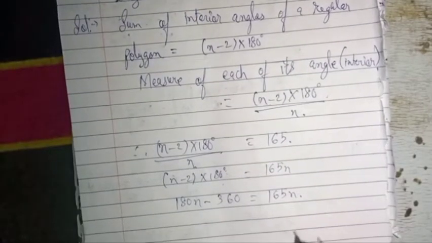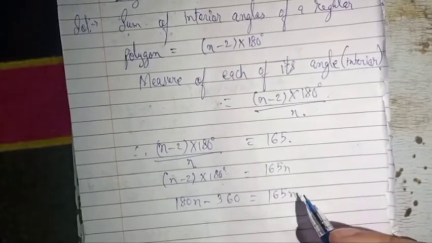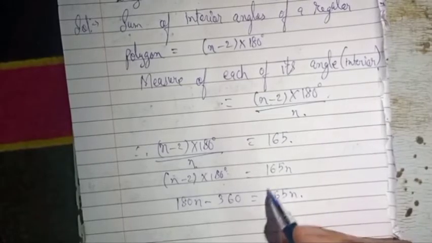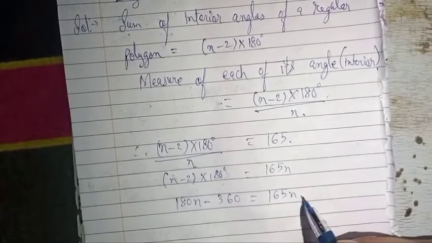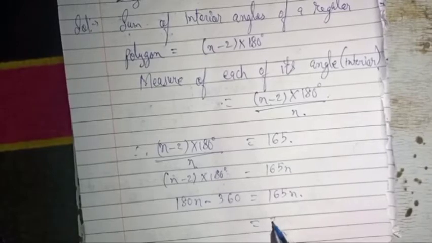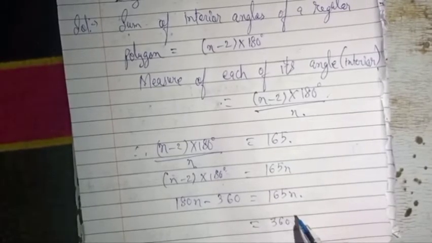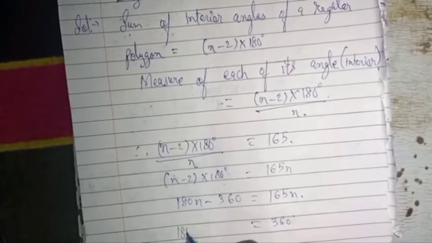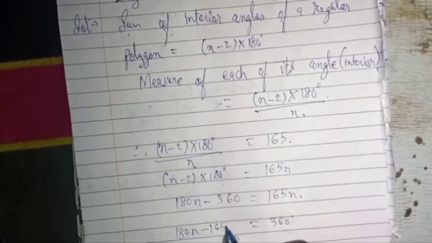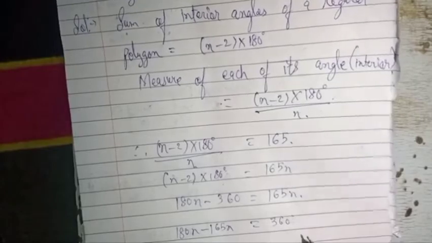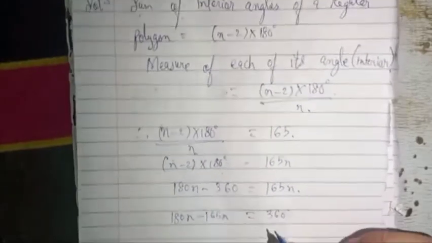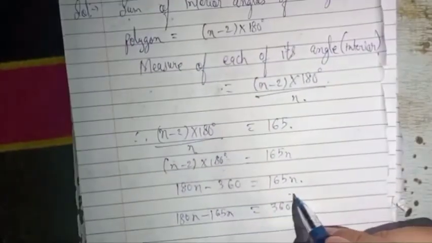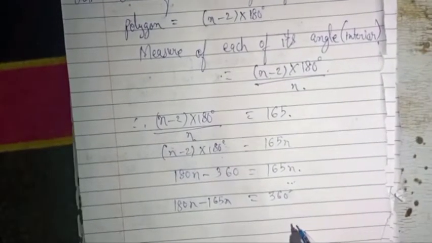Now this 165 n will move towards the left hand side, and 360 will go to the right hand side. So 360 will become positive here, and 165 n will become negative. So 180 n minus 165 n will be equal to 360.